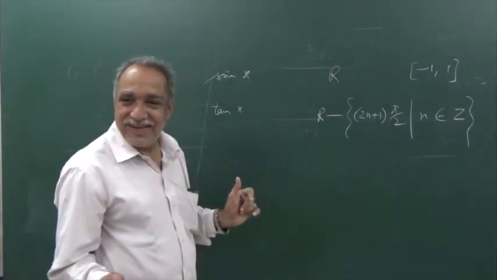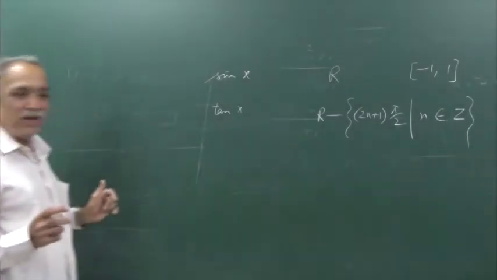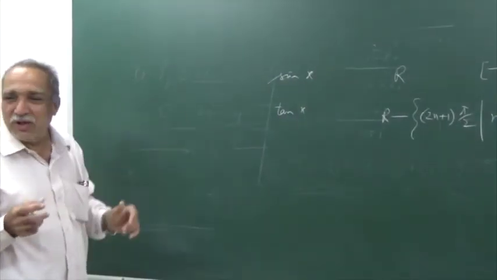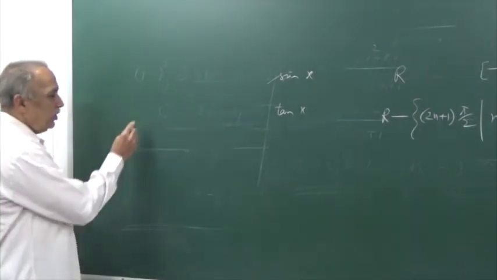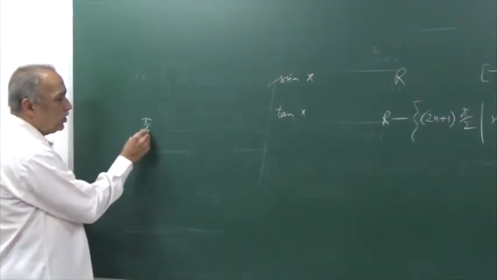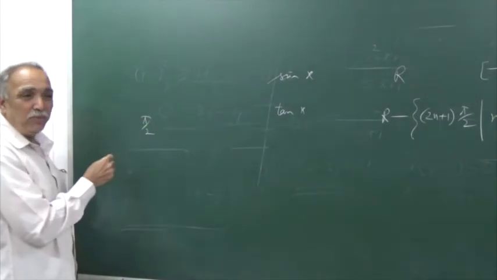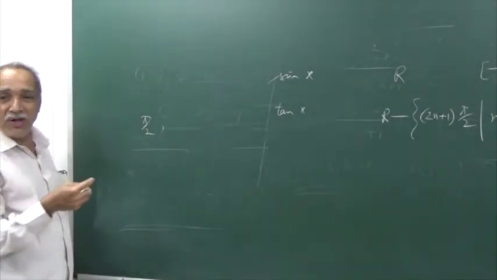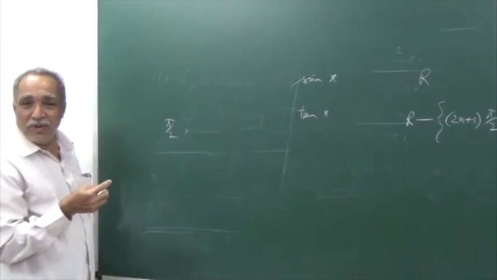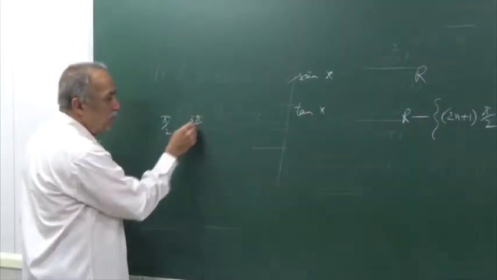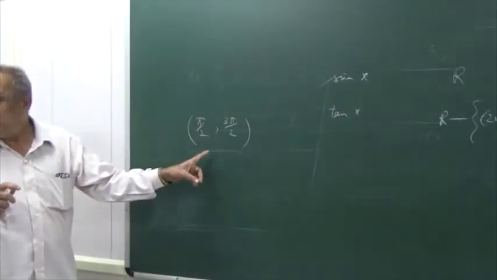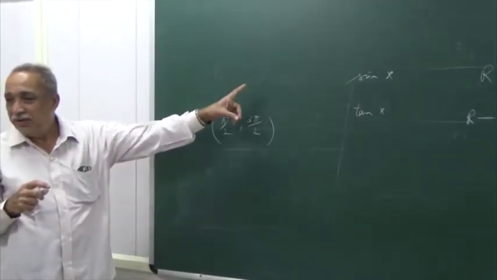Yes, yes. What are the intervals that you will be getting? Mention, list some of the intervals belonging to our domain. Pi by 2 is not there, but points to the right of pi by 2 may belong to the interval. From pi by 2 to what point can I go up to? 3 pi by 2. Both endpoints not to be included. This will be one of the intervals belonging to the domain.